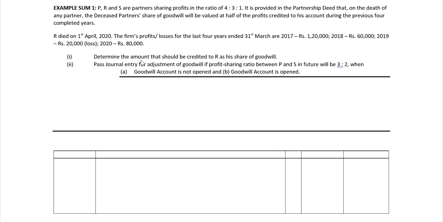The first part of the question is determine the amount that should be credited to R as a share of goodwill. And the second part, pass the journal entry for adjustment of goodwill if the profit sharing ratio between P and S in future will be 3:2, when case A says goodwill account is not opened and B goodwill account is opened.